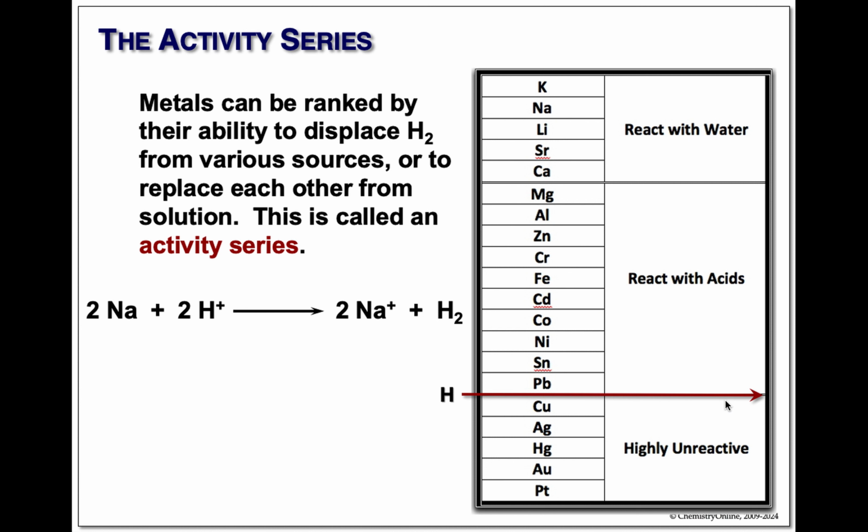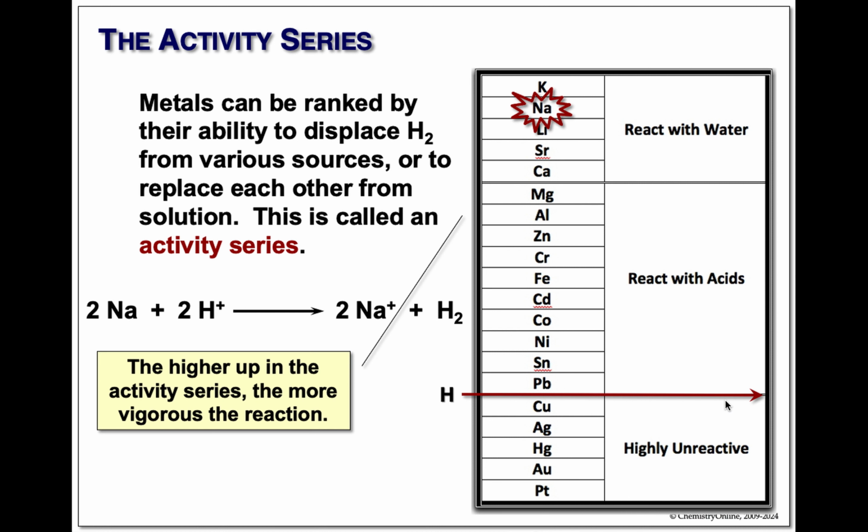In this half reaction, we have sodium reacting with hydrogen, H plus, to give sodium plus and H2 gas. That's one of the reactions with water. Sodium is here, hydrogen is here. The higher it is, the more reactive it is.